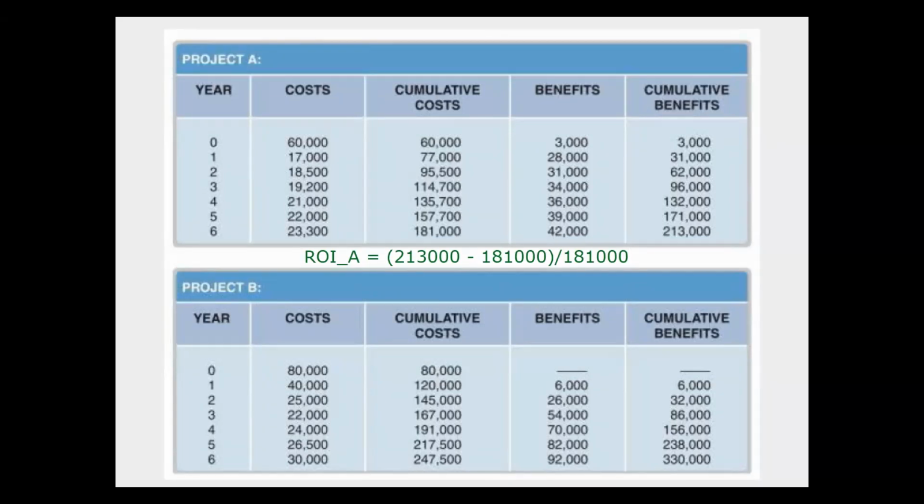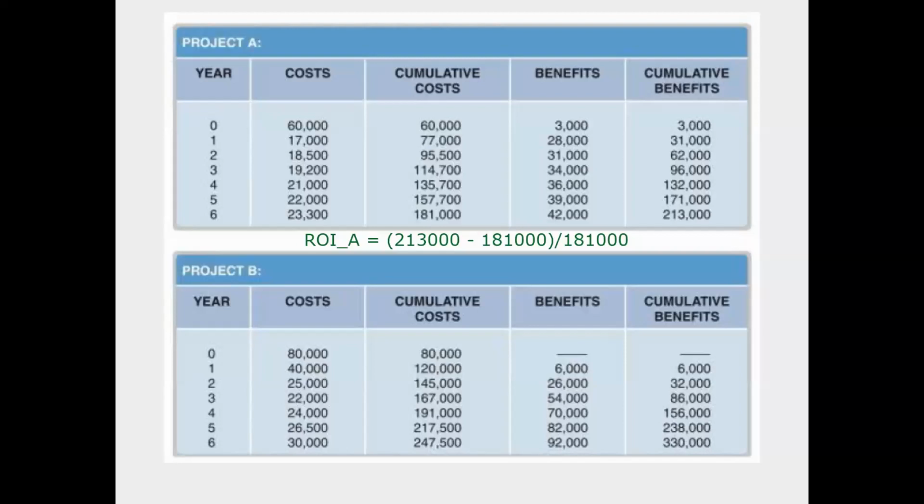So what we have is 213,000 divided by 181,000. Sorry, first of all, you reduce that 213,000, subtract 181,000, and you divide by 181,000.